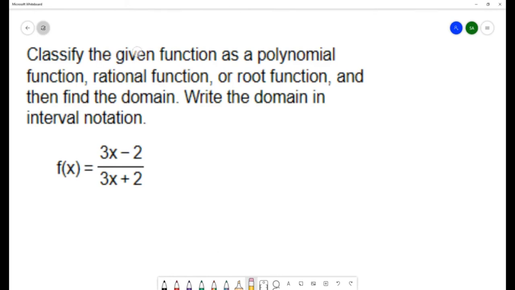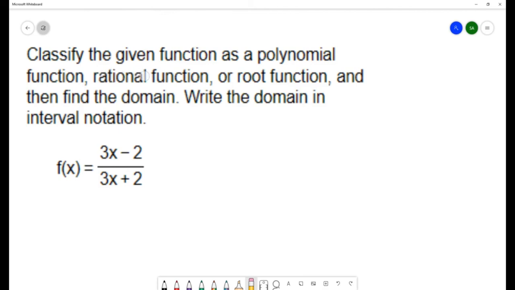Classify the given function as a polynomial function, rational function, or root function, and then find the domain. Write the domain in interval notation. So without looking at formal definitions, we can quickly identify rational functions and root functions. Rational functions are functions that have a variable in the denominator.